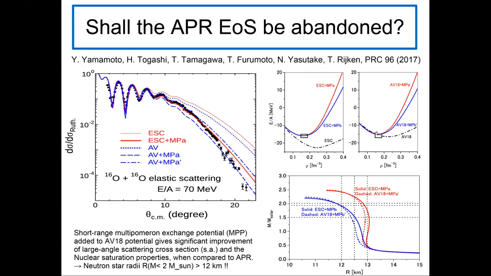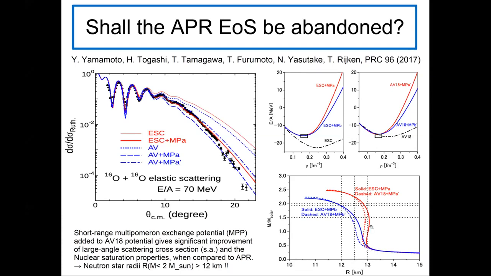Now, when we take such a generalized potential with the short-range repulsion and put it into the Tolman-Oppenheimer-Volkoff equation, we get a mass-radius curve, which you see here in the lower right plot.